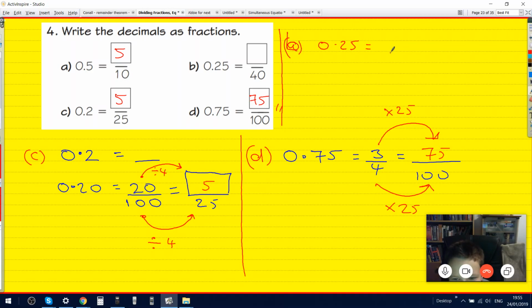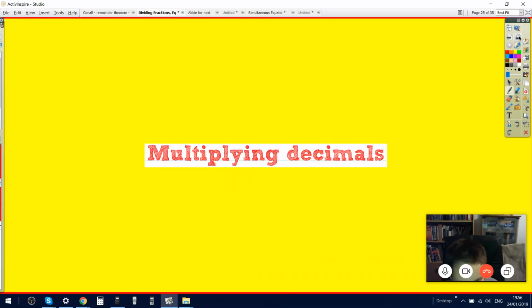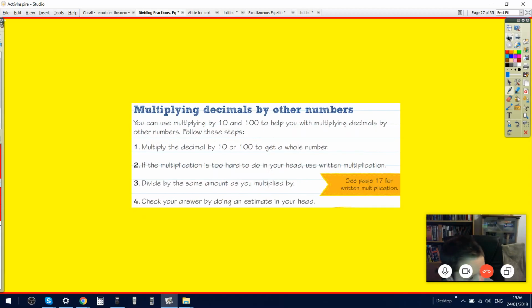Well, it's the same as 1/4. So the fraction is 4/40. Well, 4 times what gives you 40? 10. So it's 10/40. Well done. And then we said we would leave that one.